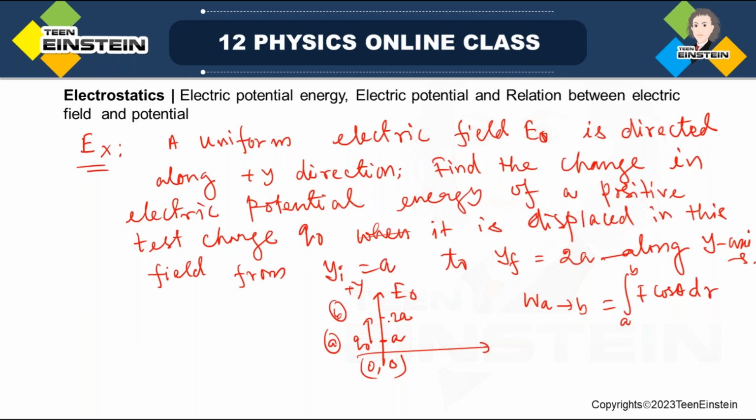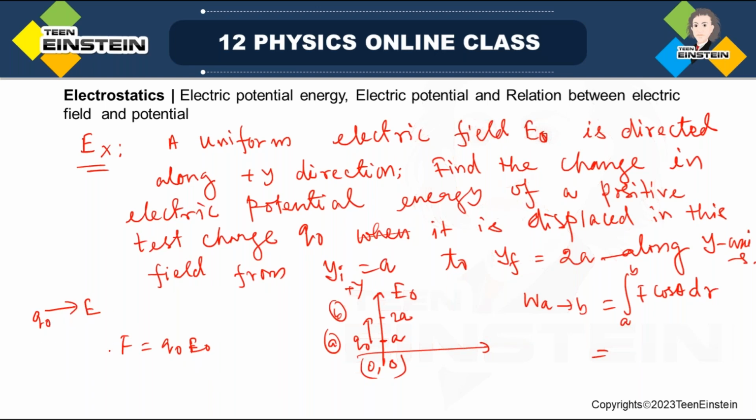So in this case, let us first find out what the force is. We know the force on a charge due to an electric field is Q0 into E0, and here E0 is a uniform electric field, so this is a constant force. The displacement is happening along the y-axis itself, and the electric field attracts the positive charged particle towards the electric field direction itself.